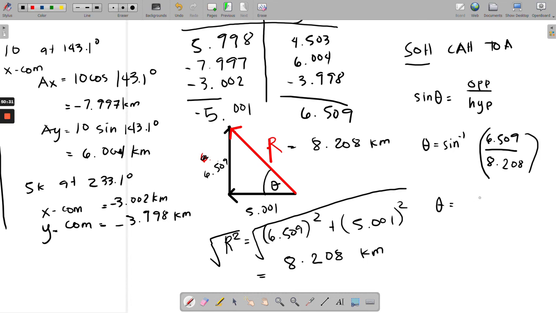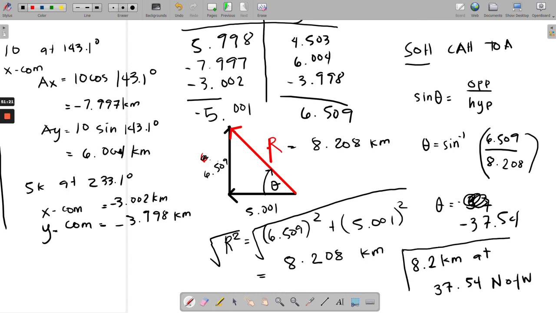The angle is equal to 37.54 degrees. Remember, even though it shows as negative, since we're starting here and going up, that is the direction of your angle. So your whole answer would be 8.2 kilometers at 37.54 degrees north of west. So that is your answer for this question.